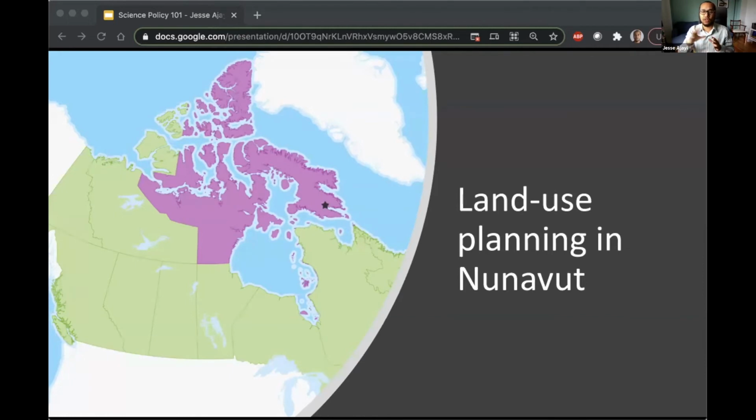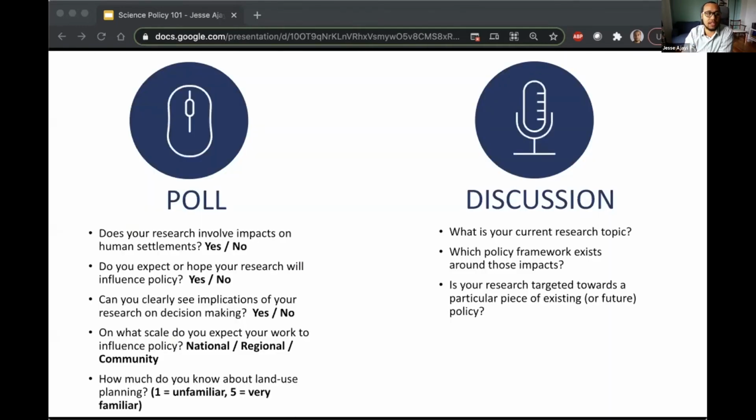Of course, there's Northern Quebec and Nunatsiavut and the NWT and the Yukon. There are other jurisdictions as well, and I don't mean to exclude them, but I will be focusing primarily on Nunavut. And I'll talk a little more about why I'm using community planning as a lens to talk about science policy as we get going.